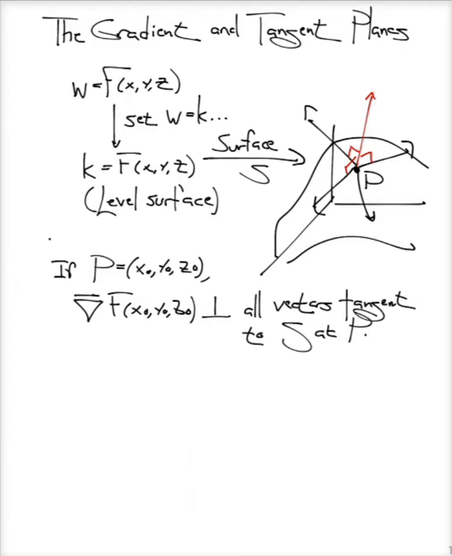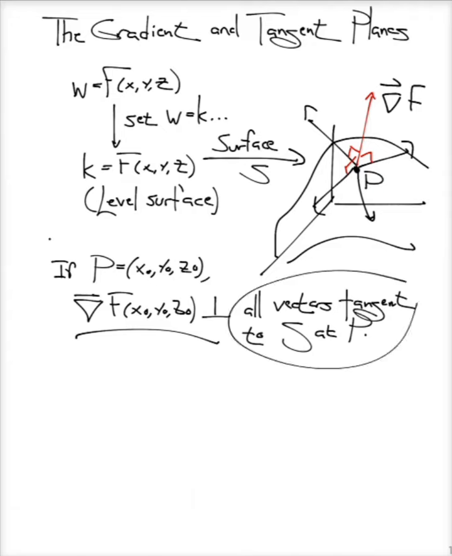Here we have this result written down, and I also have the gradient sketched in red, so let me write gradient f. And here's the result. If P is the point x naught, y naught, z naught, then the gradient of f evaluated at that point is perpendicular to all vectors tangent to S at P.